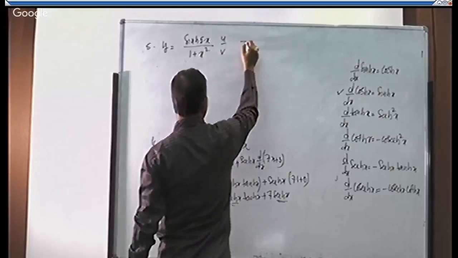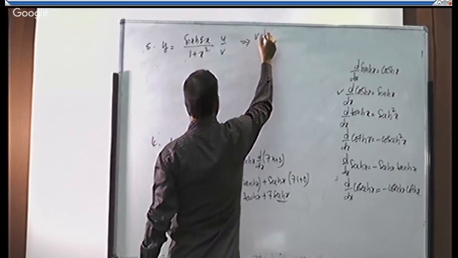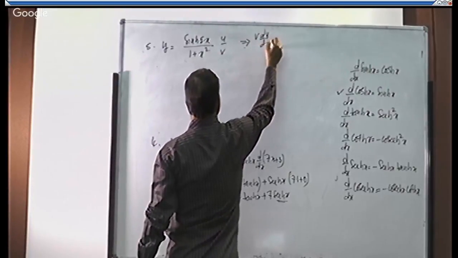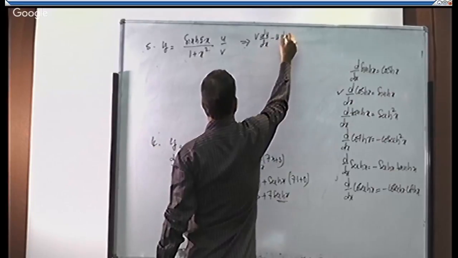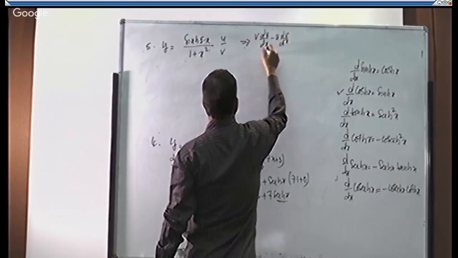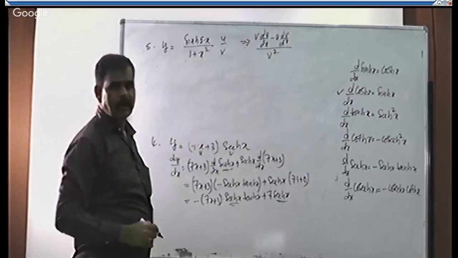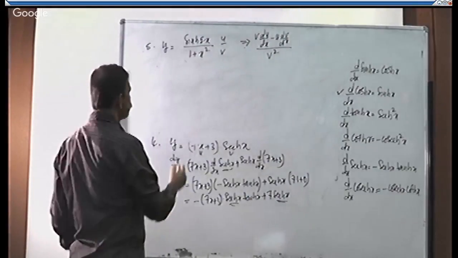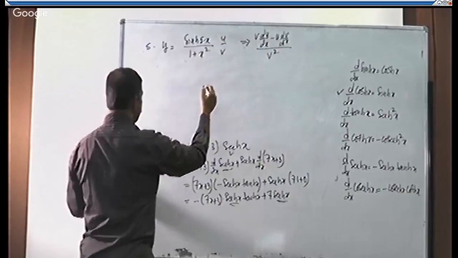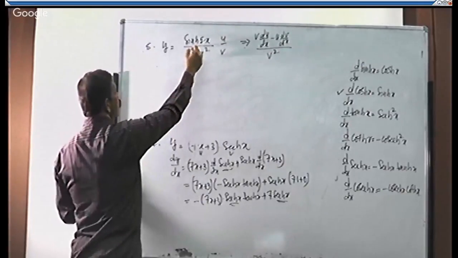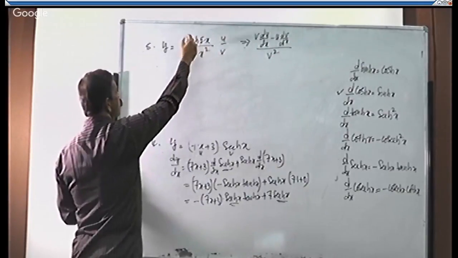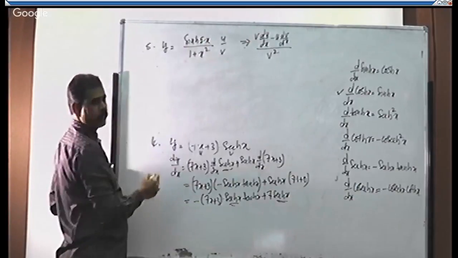What does the quotient rule state? It is v into du by dx minus u into dv by dx, all divided by v square. You just write according to that rule. What is v? 1 plus x square. What is u? Sin h 5x.